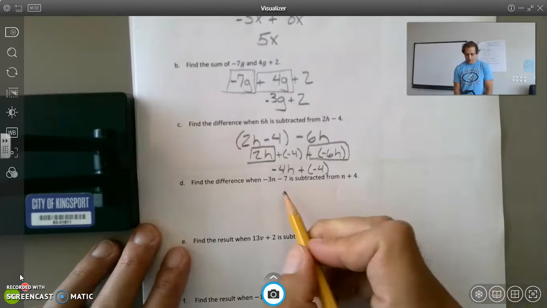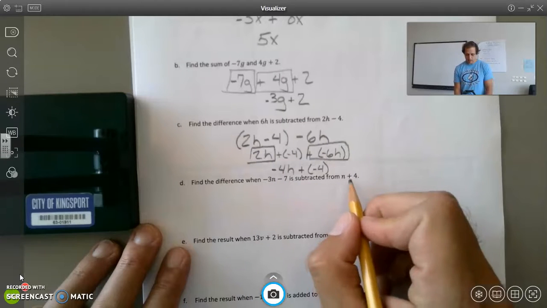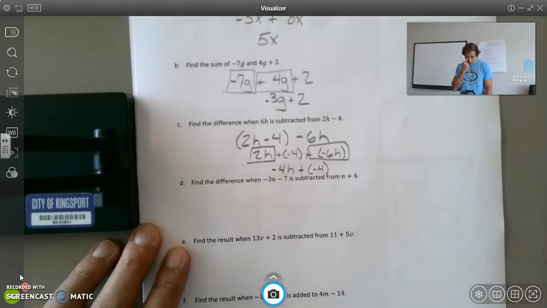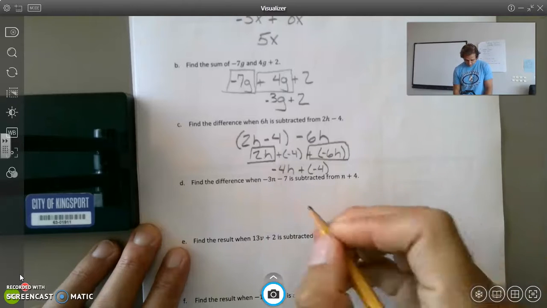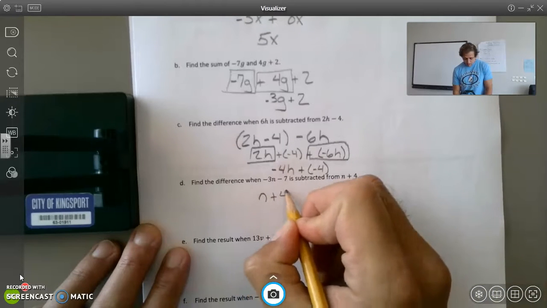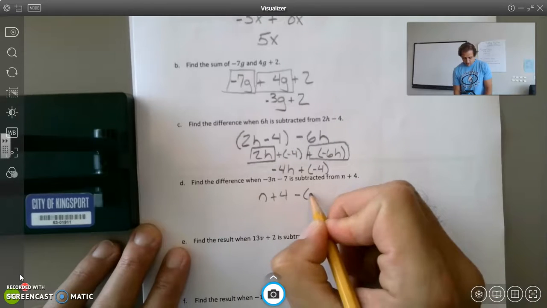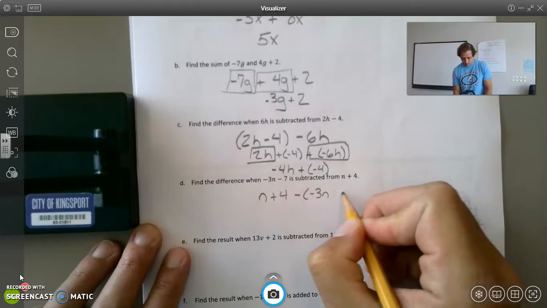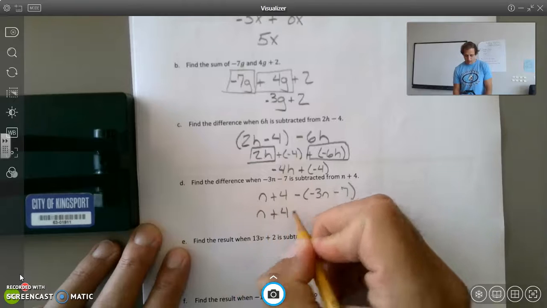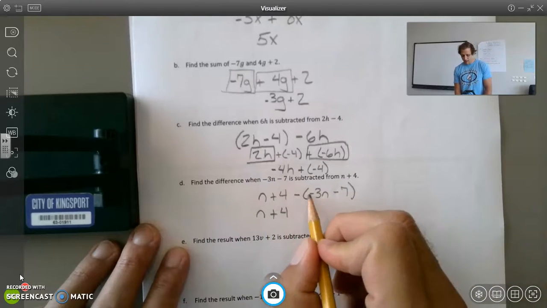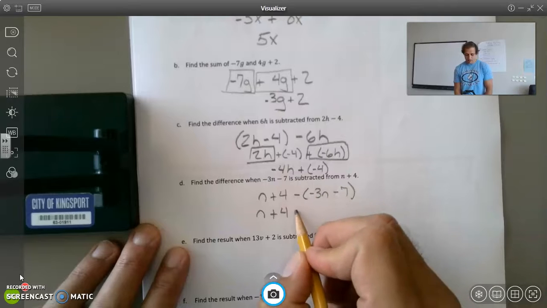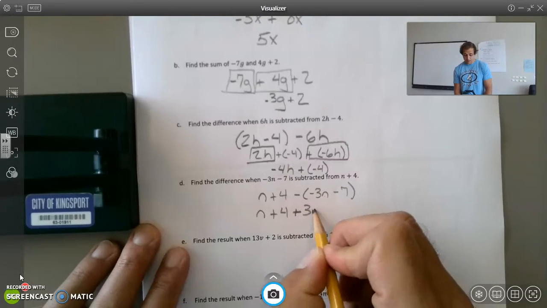All right, find the difference when this is subtracted from this. Negative 3n minus 7 is subtracted from n minus 4. Okay. Or n plus 4, excuse me. N plus 4 minus negative 3n minus 7. I'm going to keep n plus 4 as is. When I subtract negative 3n, I can change this to adding the opposite of negative 3n, which is plus 3n.